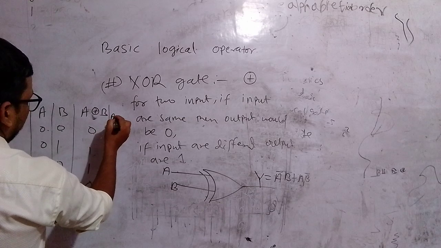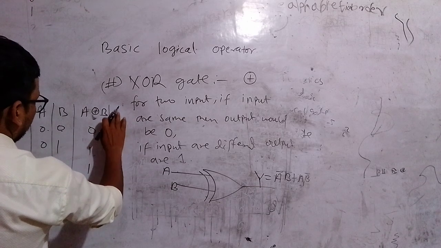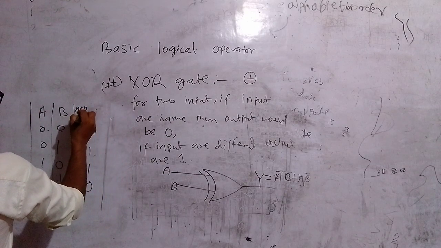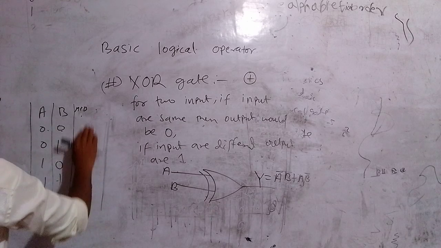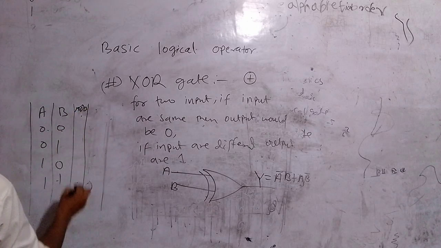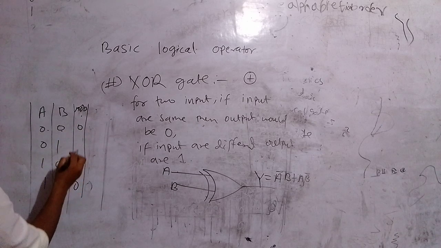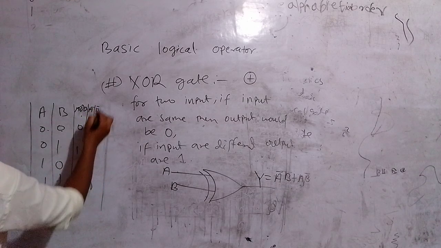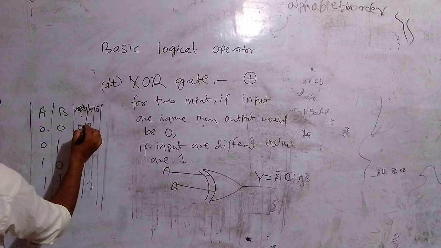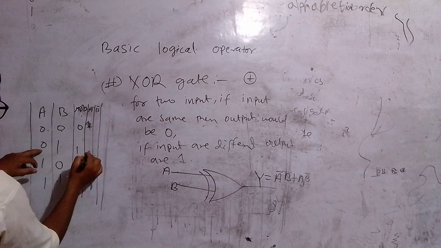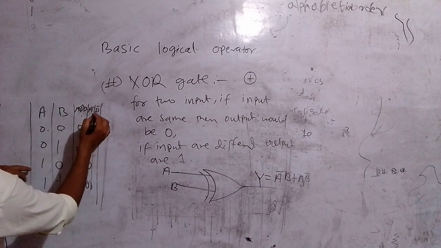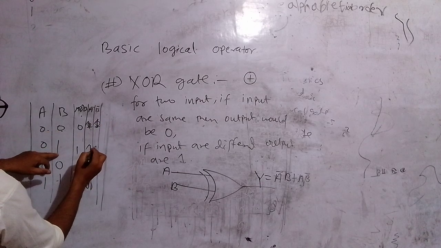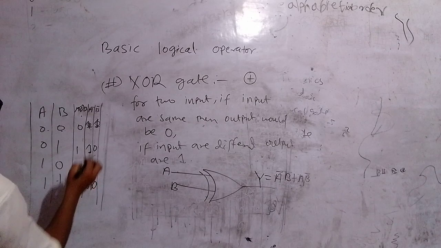A complement B. A plus B: 0 0 1 1. Now A complement B complement. A complement: 1, 1, 0, 0, and B complement: 1, 0, 1, 0.